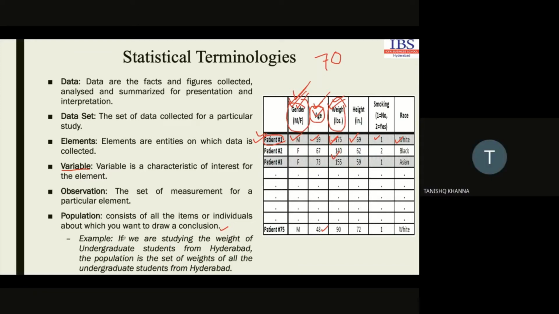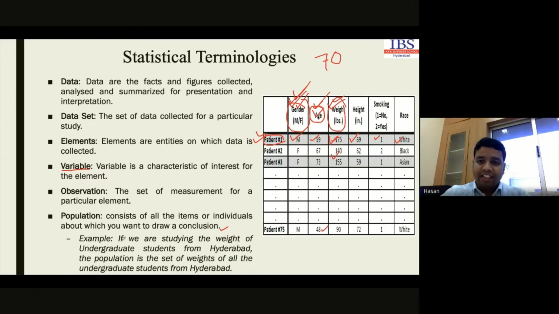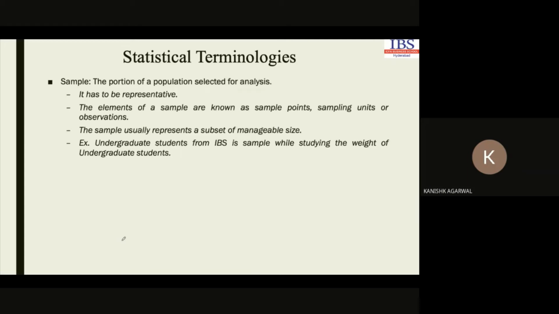Yes, sir. Okay, our next term is parameter. Wait for two to three minutes, we'll write that.